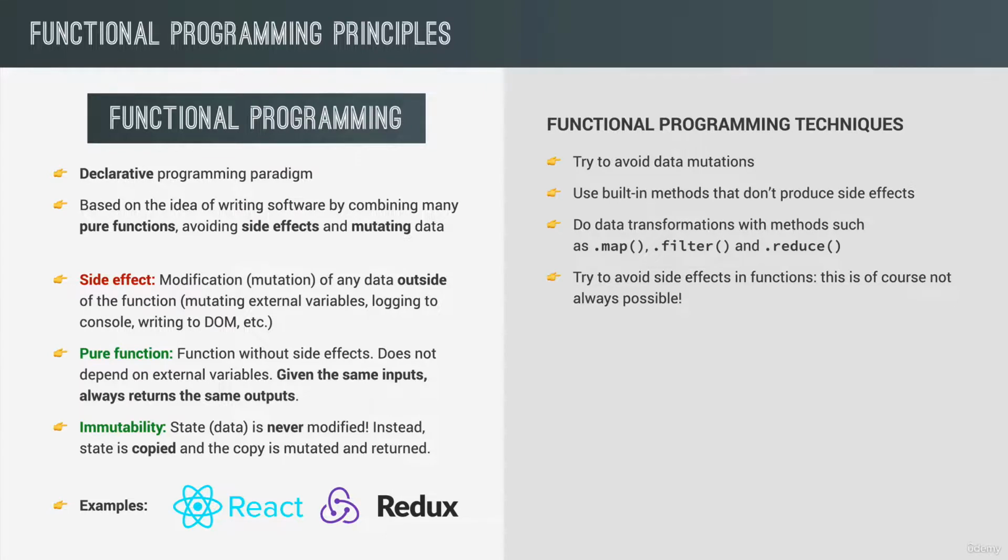Another thing that you can do is to always prefer built-in methods or functions that do not produce side effects over the ones that do. And this is really important for data transformations. So whenever you want to do that, you should use a method such as map, filter, and reduce.